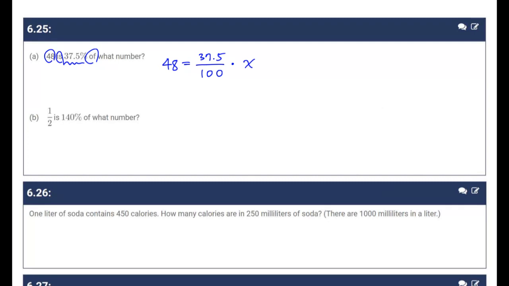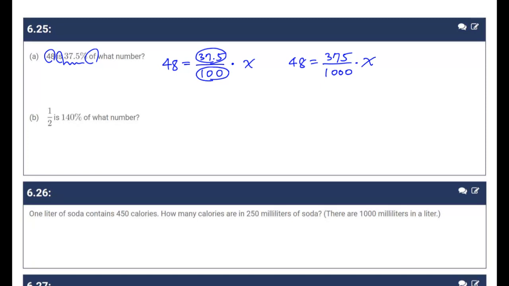So 48 will still be 48 on the left side, but let me multiply this by 10 to make it 375 instead of 37.5. Then I have to be fair and multiply this denominator by 10, which will add one more zero, right? 1000. Well, think of, oh, by the way, this is times x.